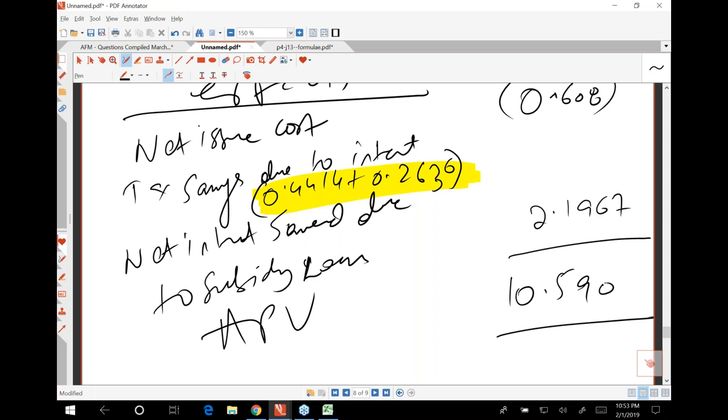When it says the issue cost of the gross finance required, that means whatever the total finance needed for the business, the issue cost is going to be applicable on that. At times we are told that the loan from the government is not subject to issue cost. But here, when it says gross finance required, even the loan from the government would be subject to the issue cost.